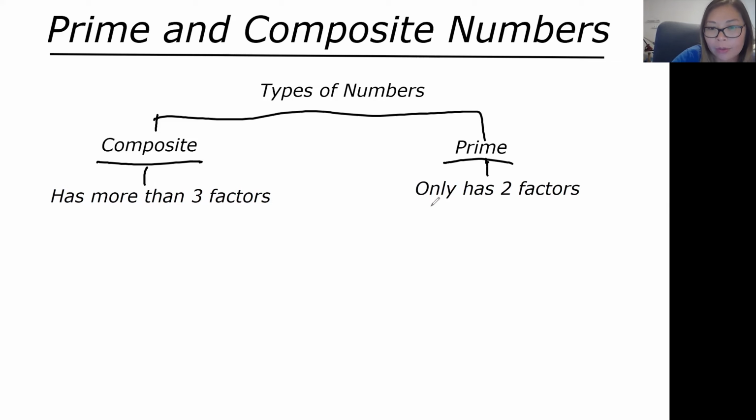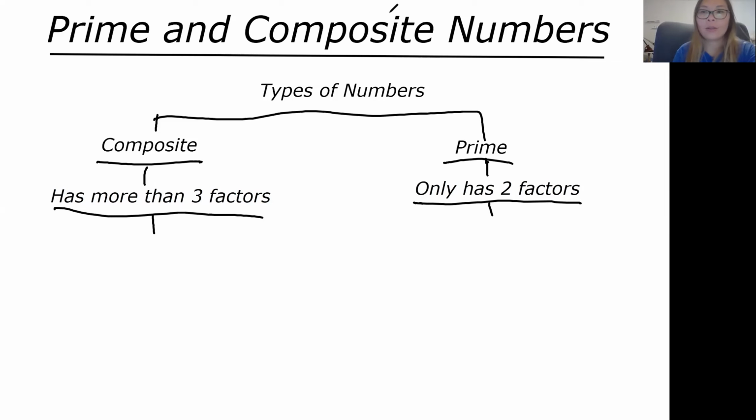So let's do some examples. Let me show you guys some examples. So let's make composite red. An example of a composite number, let's use number 12. Factors are 2 numbers that multiply to get a product of 12, such as 1 times 12.